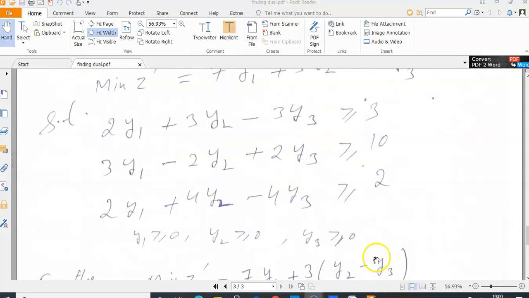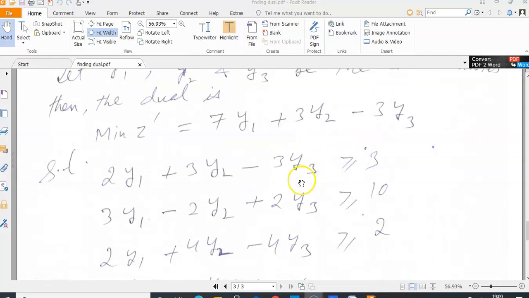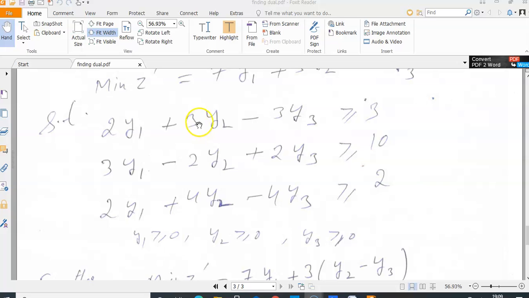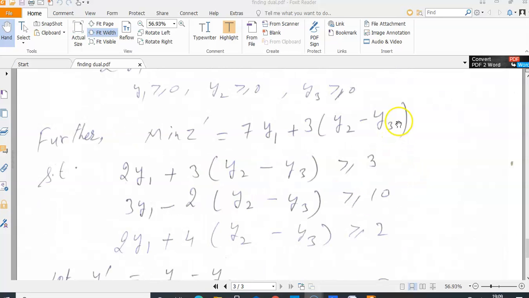We can take 3 common in the objective function, y2 minus y3, 3 common in the constraint y2 minus y3, 2 common y2 minus y3, and 4 common y2 minus y3. So I can write this problem like this.